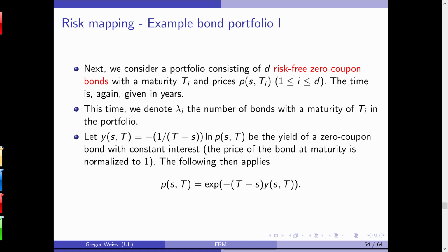Then the following applies: the price should be the exponential function of minus (T minus S) times the yield to maturity. So, for example, a price of a bond would probably look like something like this: 0.95, 0.87, and you would know that you have a standardized payment of 1 at maturity. So with a positive interest rate, prices should be lower than 1 today.